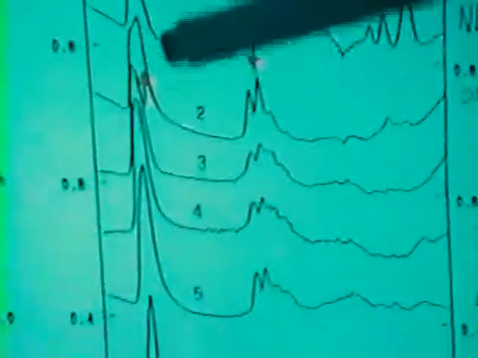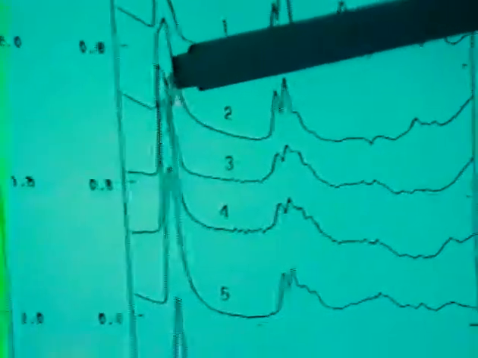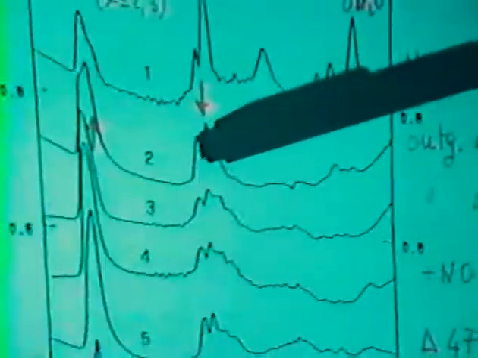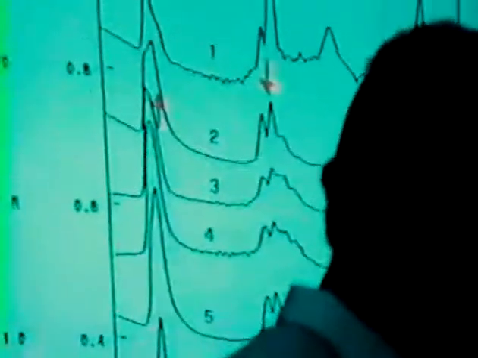Then, by outgassing, you see in this figure 2 that the nitrate band strongly decreased, and the NO bands, probably on ruthenium species, increase. This is a clear example of an inverse spillover experiment from the support to the ruthenium.